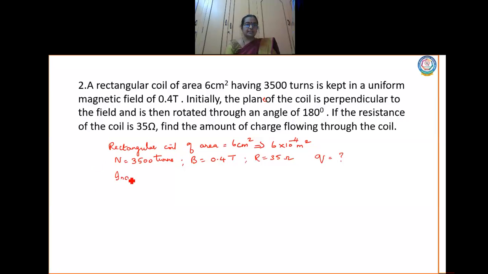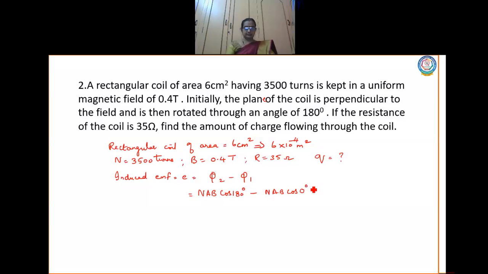Induced EMF is equal to E, which is nothing but the change in flux. So I will have phi 2 minus phi 1. I know the formula for phi as NBA cos theta, right? So NBA cos 180 minus NAB cos 0 degree.